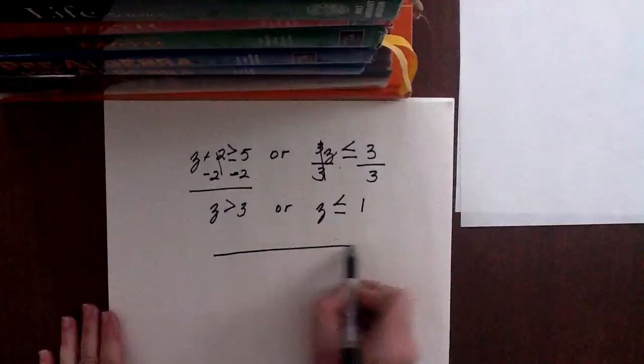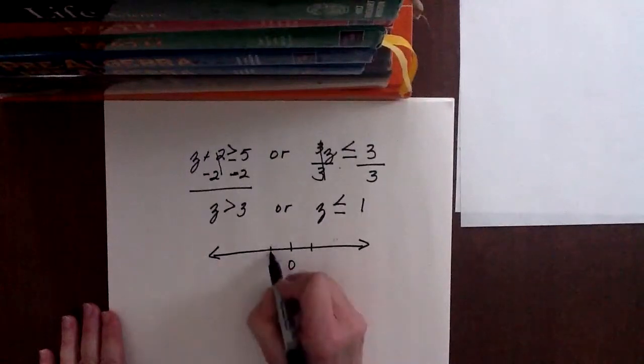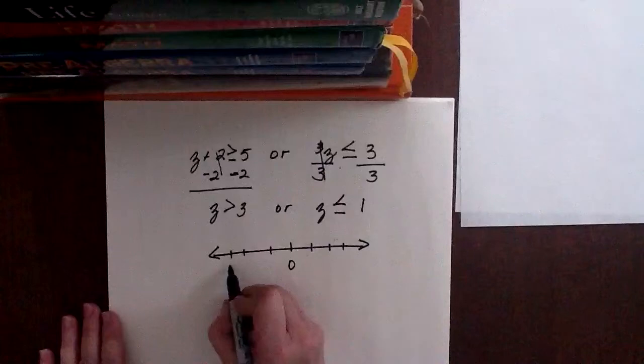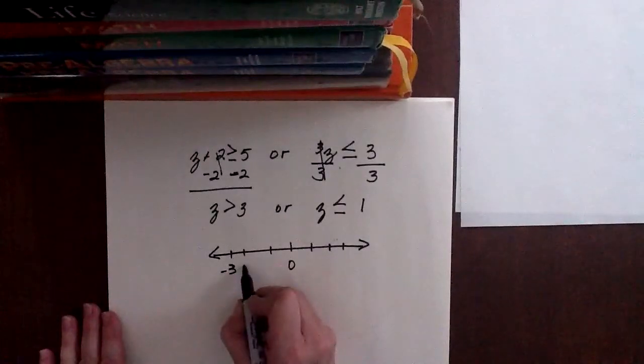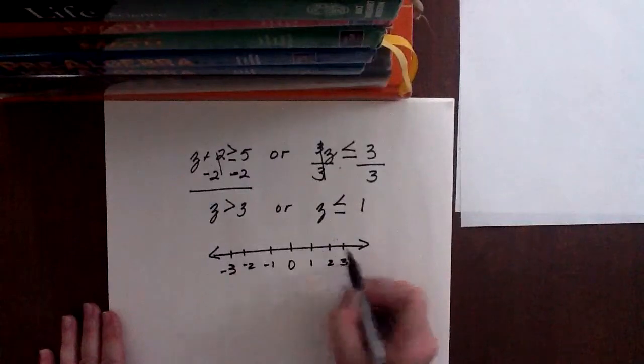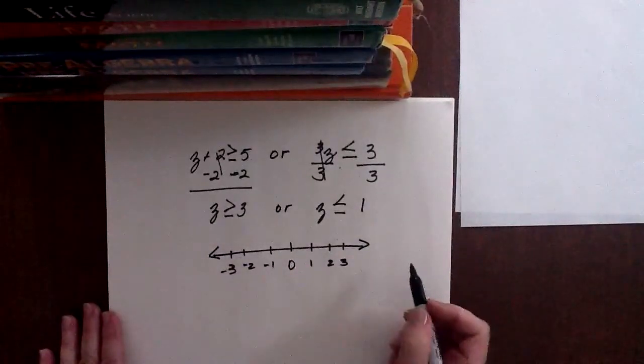Then graphing this particular inequality, you're going to do the same thing. You're going to line up your little numbers, and we're going to come up with negative 3, negative 2, negative 1, 1, 2, 3. You're going to place the first one here. Oops, forgot my little equal to.